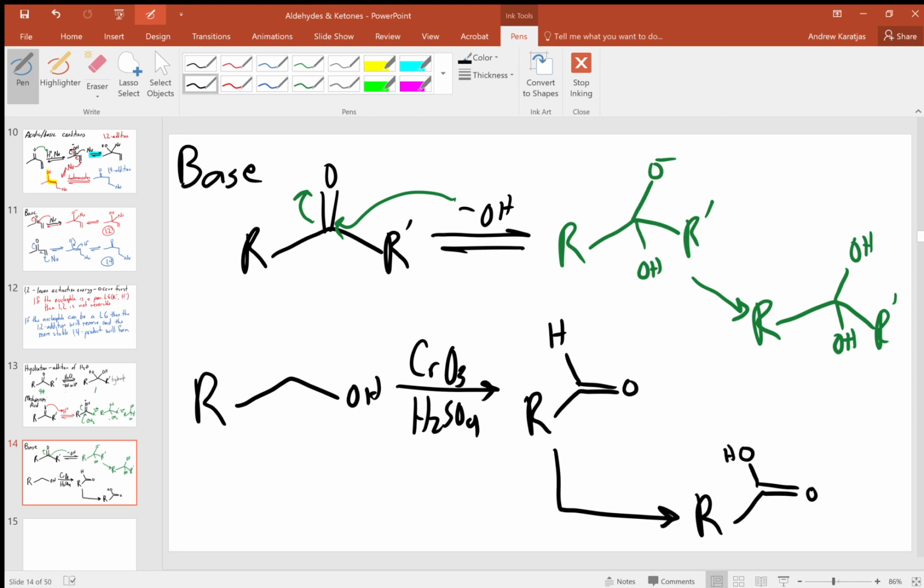And it's because of this hydrate formation that this occurs. So remember, this Jones oxidation is taking place under strongly acidic conditions. We have sulfuric acid present. So the acid can react with the aldehyde to form the hydrate.